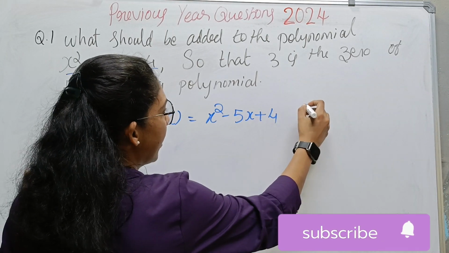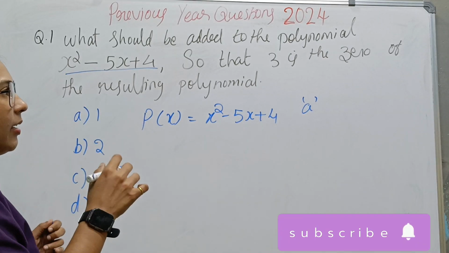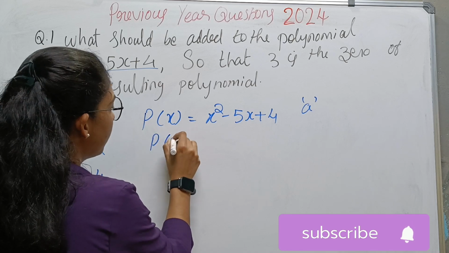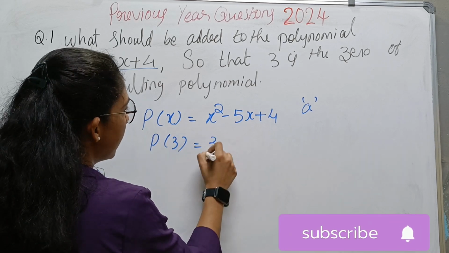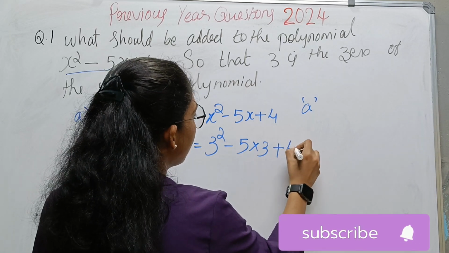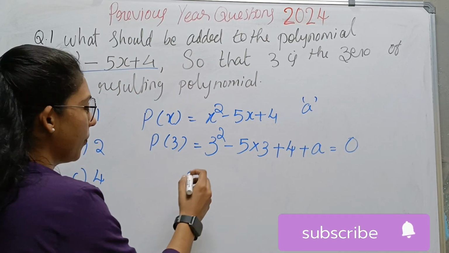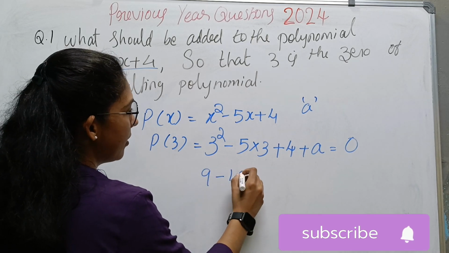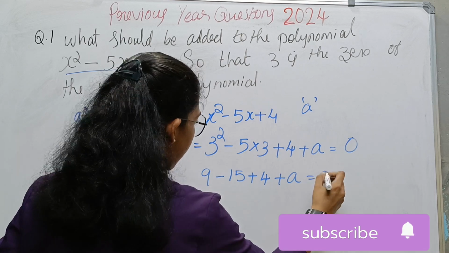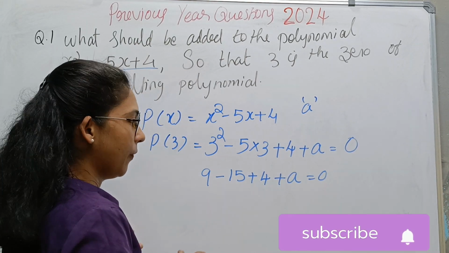If we add a to the polynomial, then p of 3 should be 0. So p of 3 is equal to 3 square minus 5 into 3 plus 4 plus a is equal to 0. So 9 minus 15 plus 4 plus a is equal to 0. What is 9 minus 15?